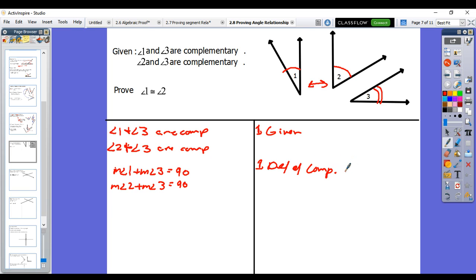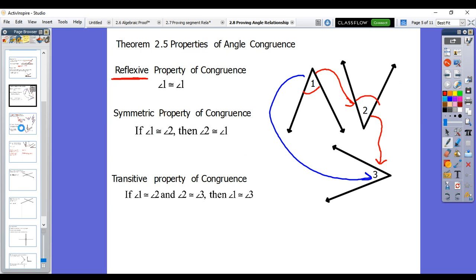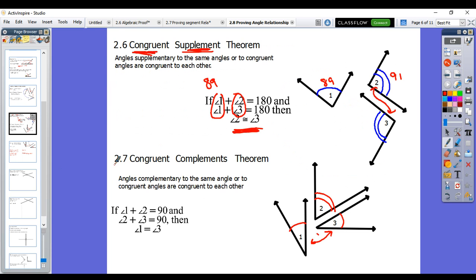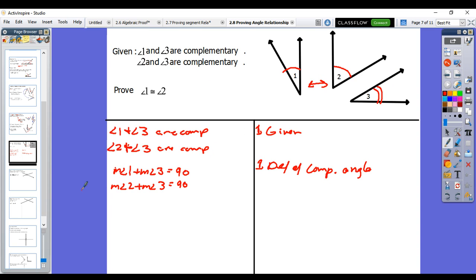By definition, anything that's complementary, two things equal 90, as we said earlier. We said it right here. And it's necessarily not the congruent, it's just complementary angles. We know that they equal 90, and we talked about that in the last chapter. So if these two are complementary, they equal 90. That's by definition of what they are.